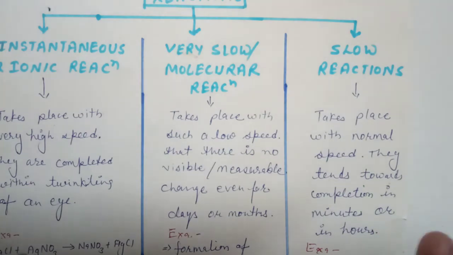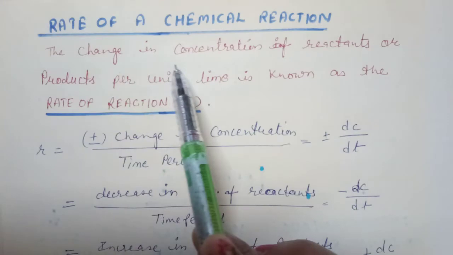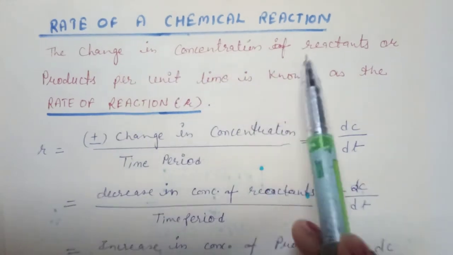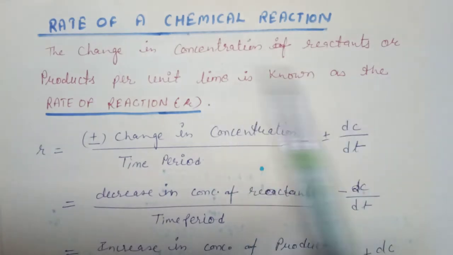Okay, now we will discuss what rate actually is. The change in concentration of reactants or products per unit time is known as the rate of reaction.